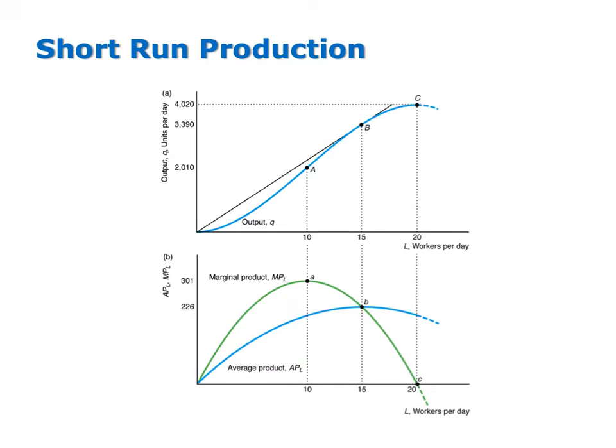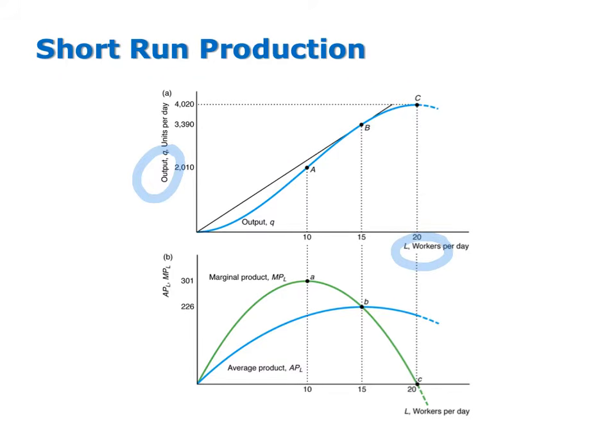Let's see what we can learn about total product, average product, and marginal product from these pictures, which often appear in introductory and intermediate textbooks. First, note the top graph's axes. On the vertical axis, we have output, and on the horizontal, we have labor, workers per day and output per day.